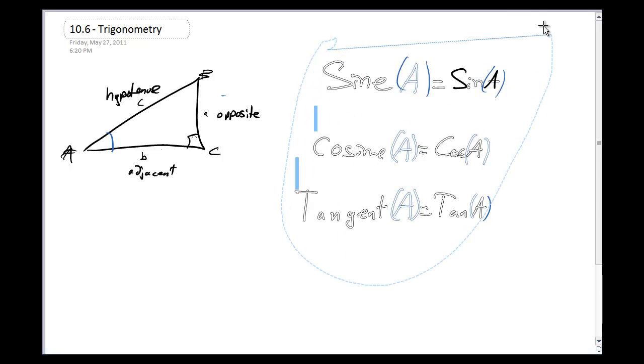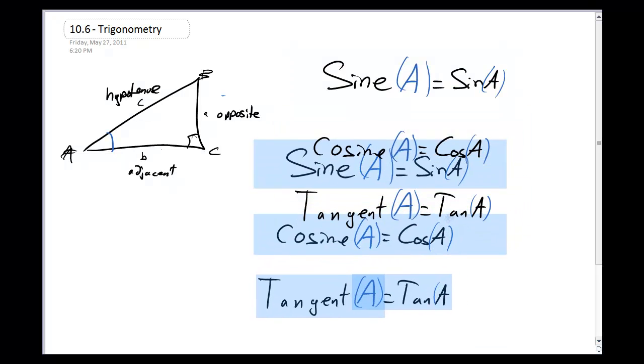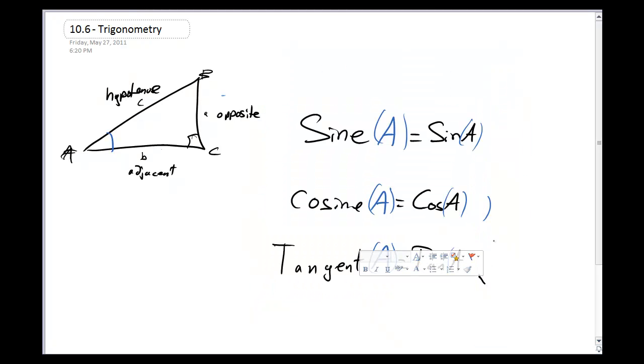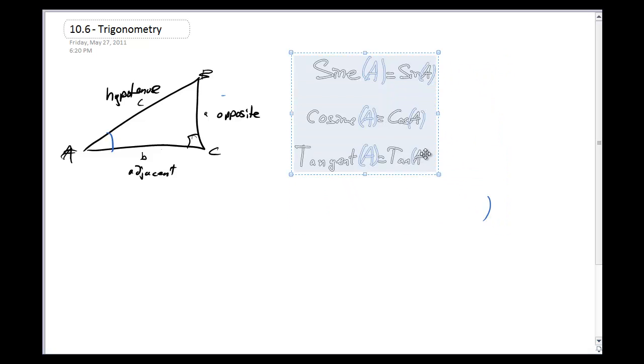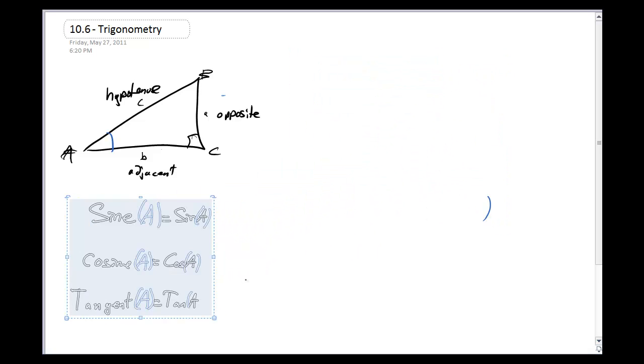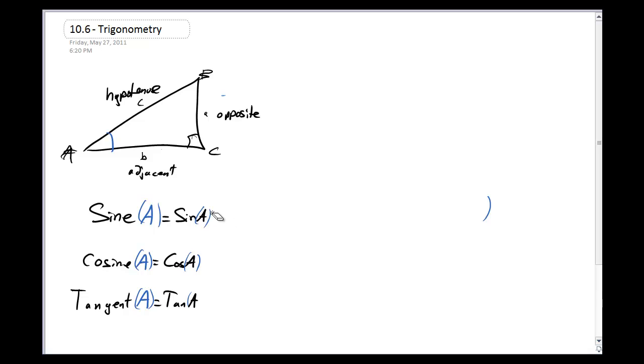And for these three trig identities that we've got, again, I tend to not do function parentheses. We've got these relationships that happen.